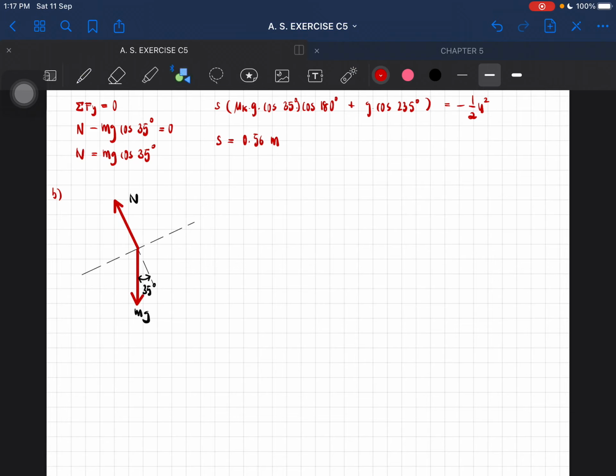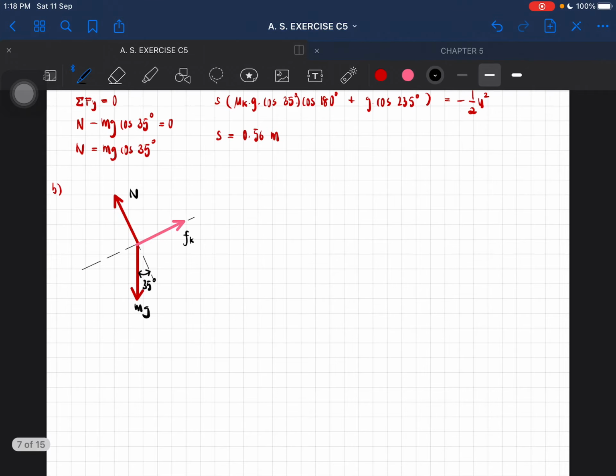Okay, so the direction of Fk is now in the opposite direction. Okay, so Fk is now here. The rest is still the same. Okay, so we are then going to use the Chapter 4 solution, which is total force at x is equal to ma.